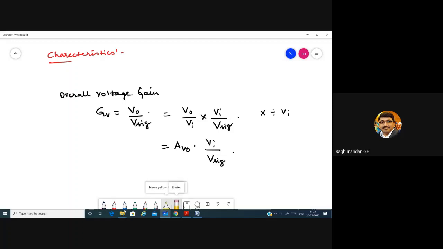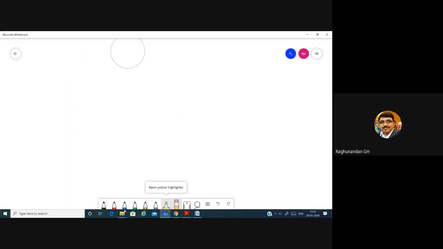After this, from the next topic onwards, we'll study the common source amplifiers. We'll be starting with the common source amplifier, where the source is common.